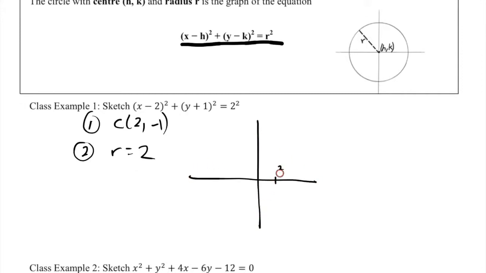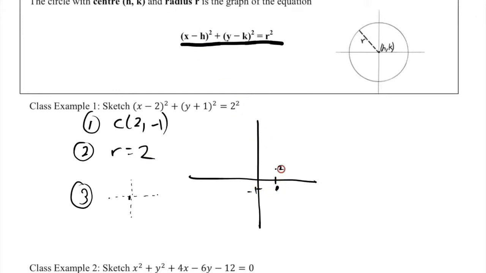The center is (2, -1). Step number 3 when sketching the graph is, from the center point, you have what I call the vertical and horizontal radius. For the vertical, you take -1 and add the radius 2, so -1 plus 2 gives us 1.